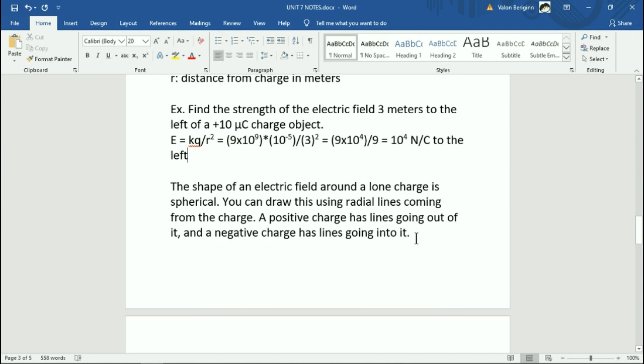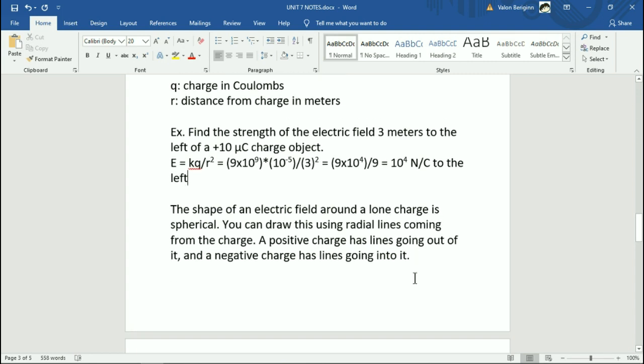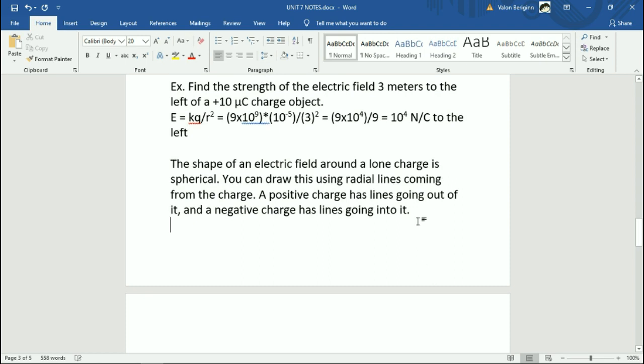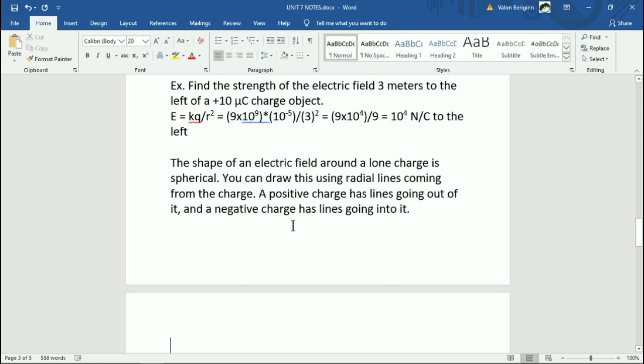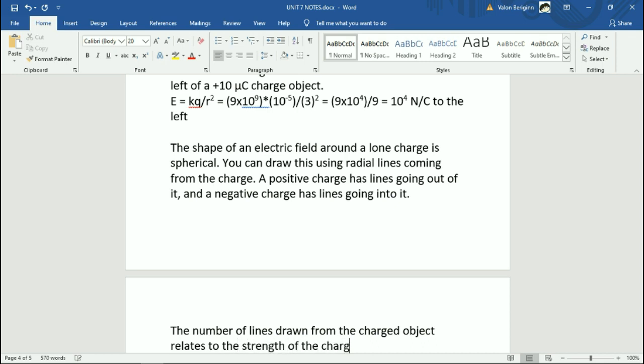Now, next question is, how can you differentiate charges? For example, here's a field from a plus 10 microcoulomb charge. What if I had a field from a plus 20 microcoulomb charge? What's the difference? The difference is that the number of lines drawn from the charged object relates to the strength of the charge itself.